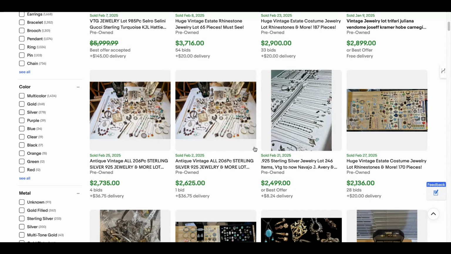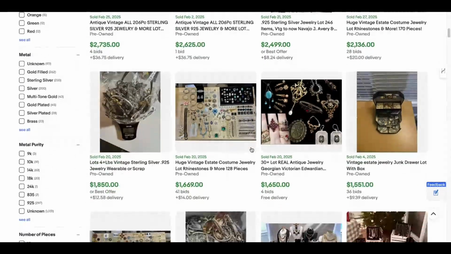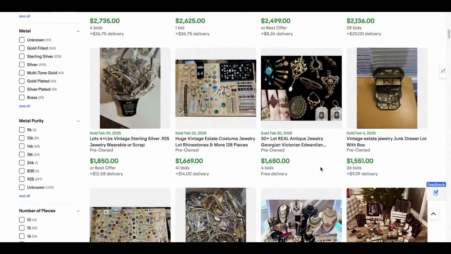Now, the other thing you want to pay attention to when you are searching the sold comps on eBay is look at the listing titles here. Look at the keywords. Look at how people are typing in specific keywords for the jewelry that they're trying to sell. Now, some of these I don't believe are optimized very well, but obviously the people are still making the sales.